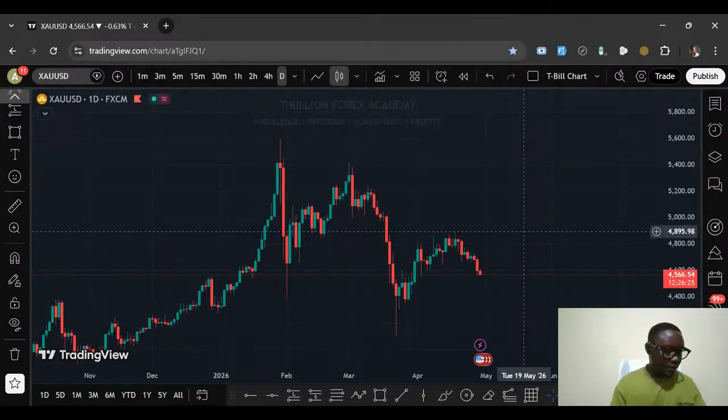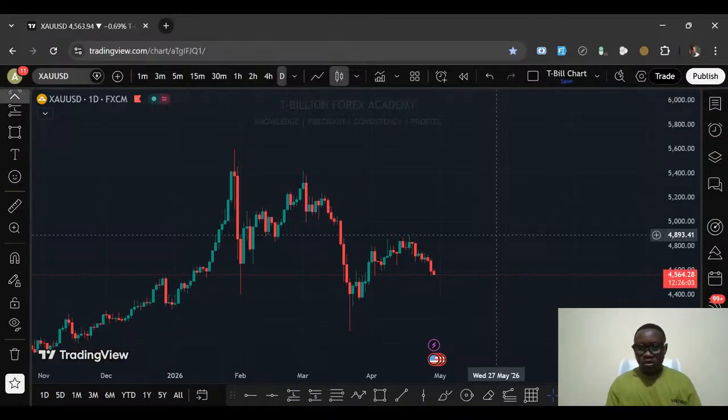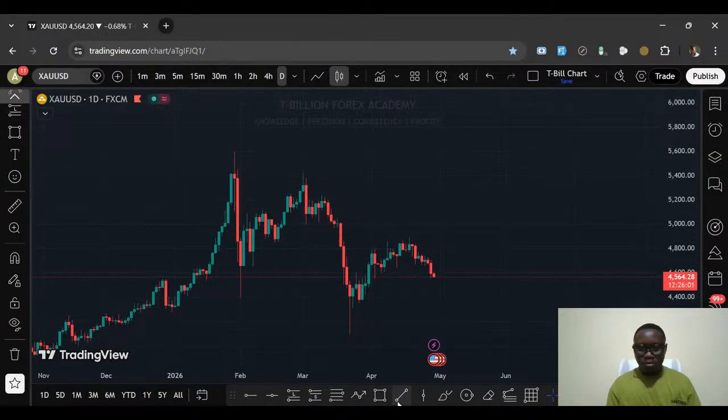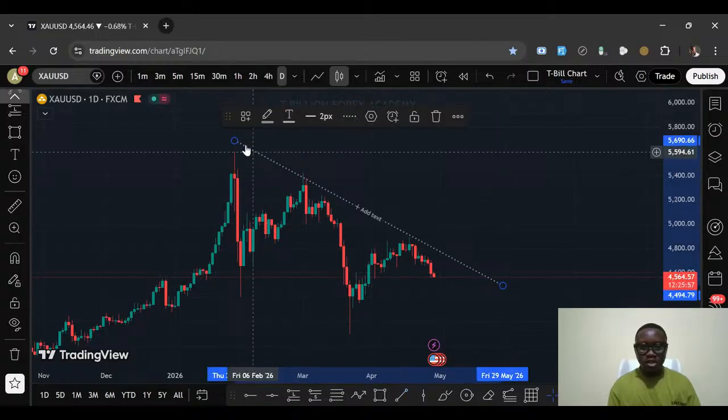In this case, we are going to be identifying our external liquidity as well as establishing our directional bias. Directional bias wise, of course, we are bearish on XAUUSD.